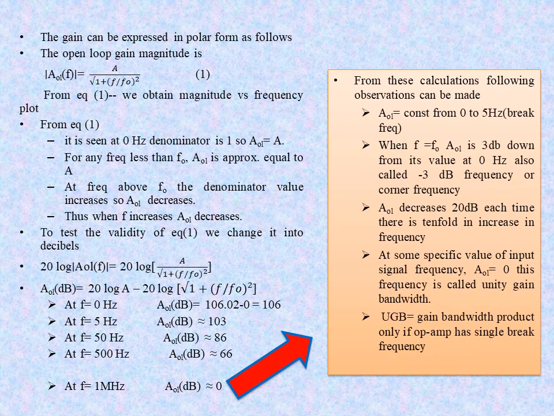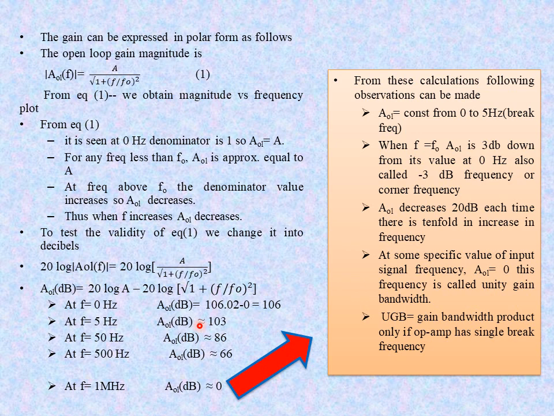First and foremost, most important is that AOL is constant from 0 to 5 Hertz. See here 106, and for 5 it is 103. So it is almost constant from 0 Hertz to 5 Hertz. That is the first break frequency.